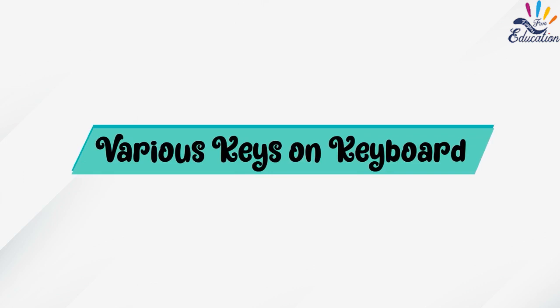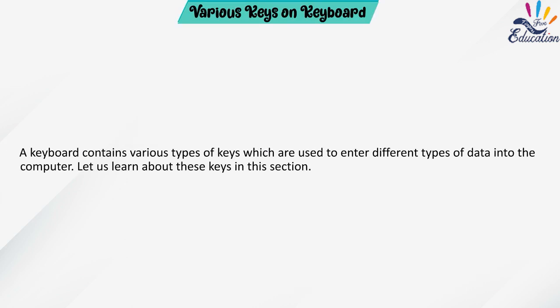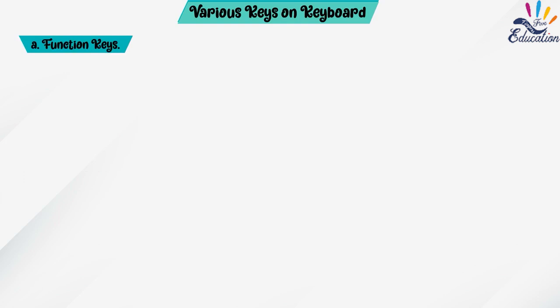Various keys on keyboard. A keyboard contains various types of keys which are used to enter different types of data into the computer. Let us learn about the keys in this section. Function keys.